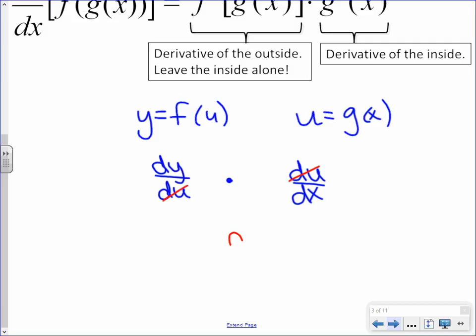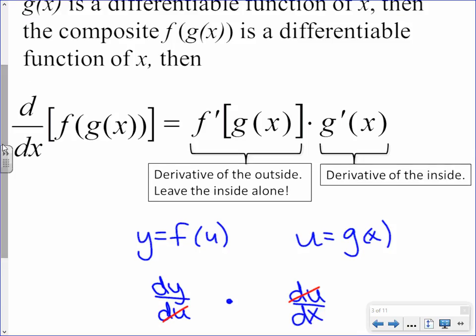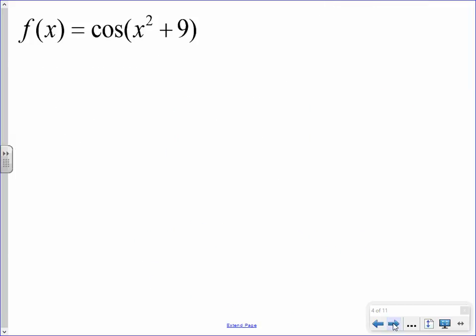The du's cancel, and we are left with dy dx. That's why the chain rule works the way that it does. Okay? Don't need to worry about giving me this. Just need to worry about that right there. Okay? So, the only way to get better at this is to practice, practice, practice. First example.